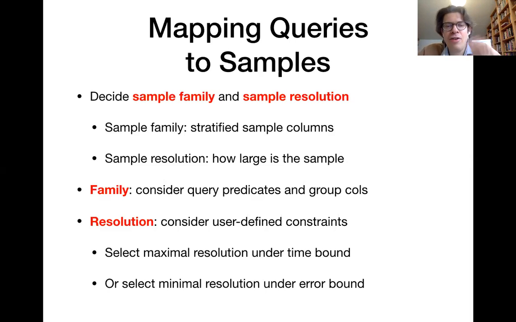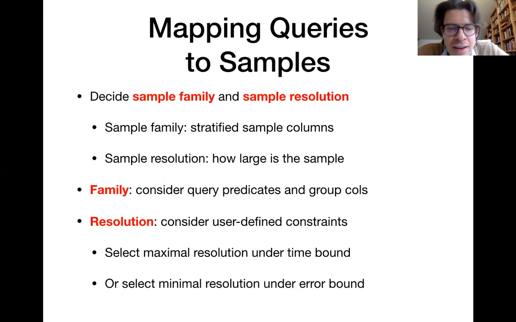And in order to decide on the family, we have to look, of course, at the columns that appear in the query in the group by clause and in the where clause. In order to decide on the resolution, we want to consider the user-defined constraints on the processing time or on the maximum error.